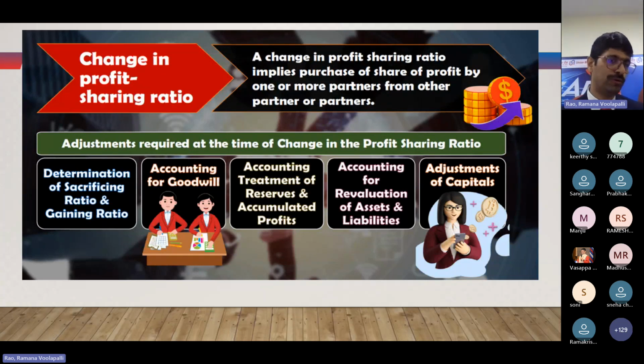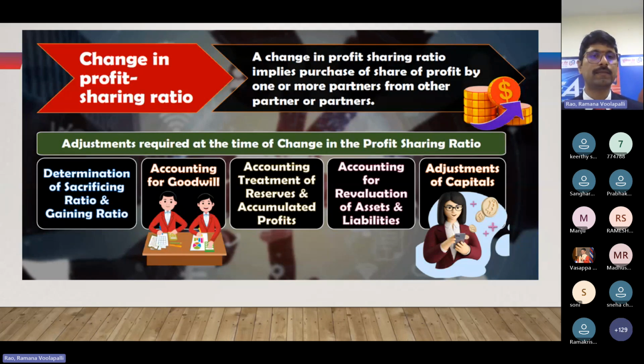We will go through the goodwill, how it is calculated, what is the definition of it, and different methods for it. Accounting treatment of reserves and accumulated profits, accounting for revaluation of assets and liabilities, adjustment of capital.